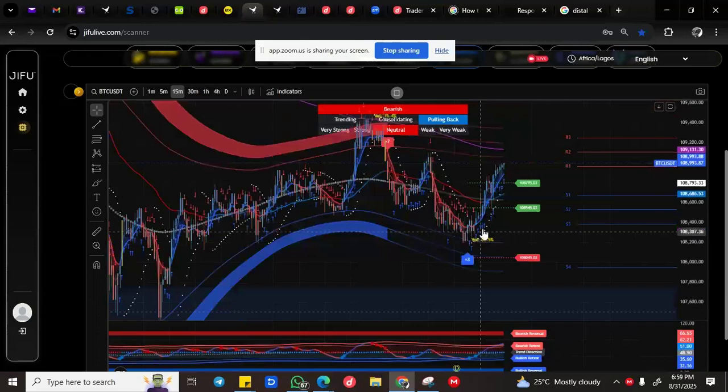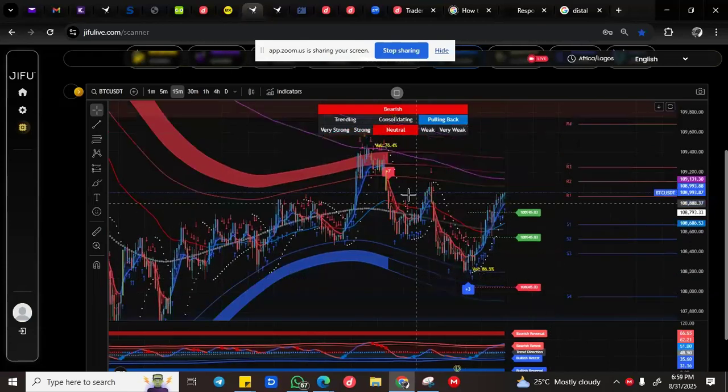Second, positioning on where you are getting your entry from. If you're looking for a buy, you want to make sure you're seeing your buy around this bullish blue band. If you're looking for a sell, you want to see your sell around this red bearish band.